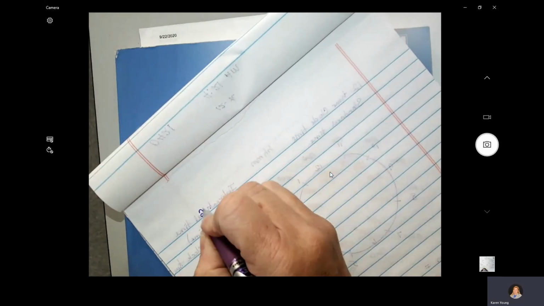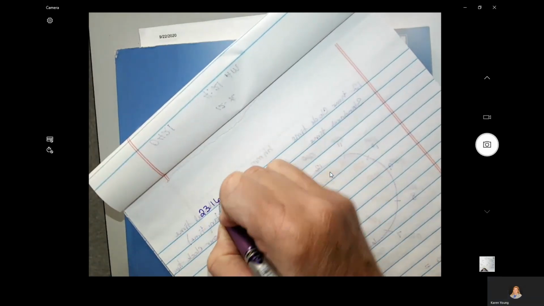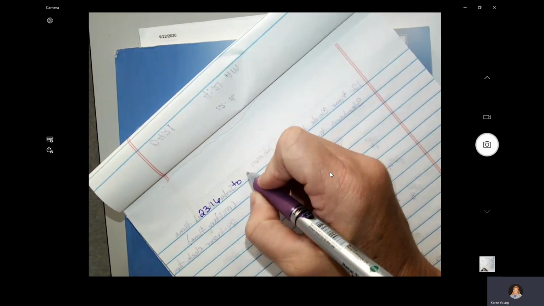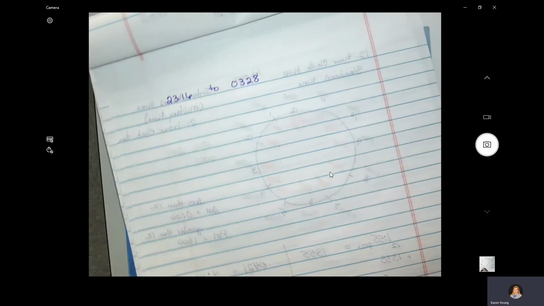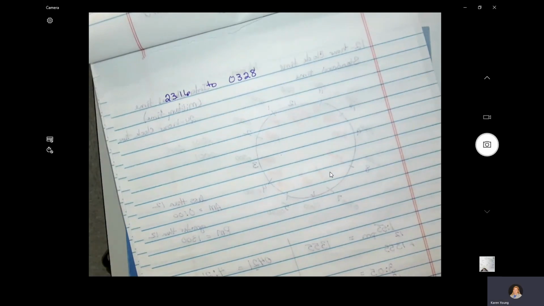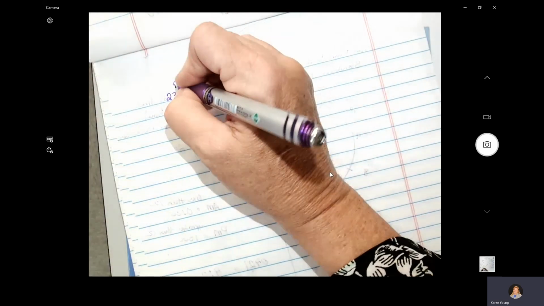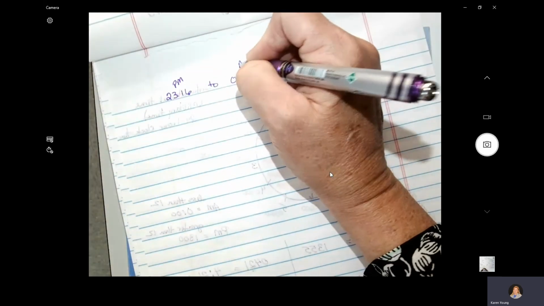Now, sometimes we have to determine how long it's been from like 23:16 to 03:28. How many hours and how many minutes has passed? I have to do this one because I'm going from PM one day to AM the next.